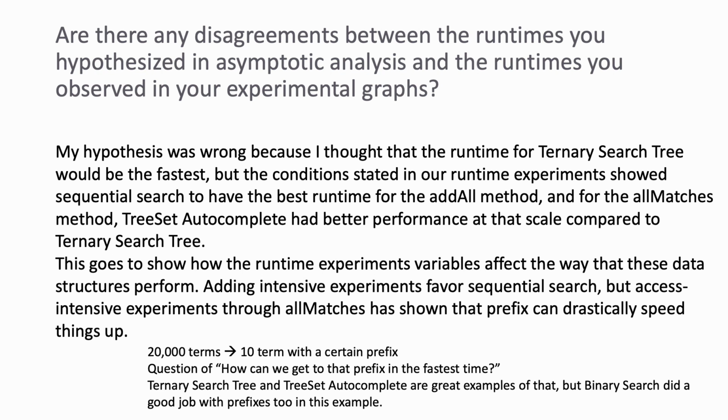But I also believe that my runtime that I hypothesized for binary search, specifically for allMatches, is wrong because I thought that in that one it should be n log n, since it has to actually sort through the binary tree to find the n, n being all of those elements with a certain prefix.